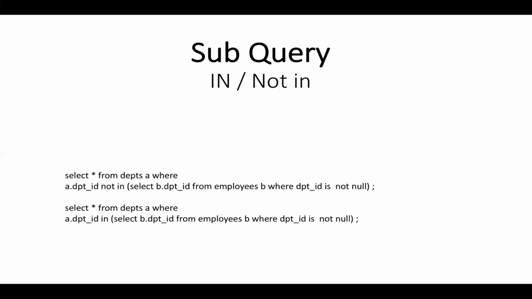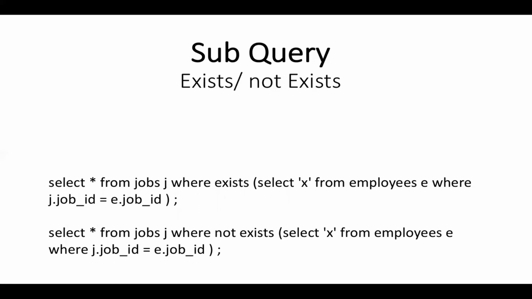Just to avoid that problem, there is something called EXISTS. The advantage of EXISTS is that the first time it sees the condition is met, it comes out. The first row it meets with whatever condition we put, it comes out of it. NOT EXISTS has to go through everything, even to the last row, to find out that it does not exist.